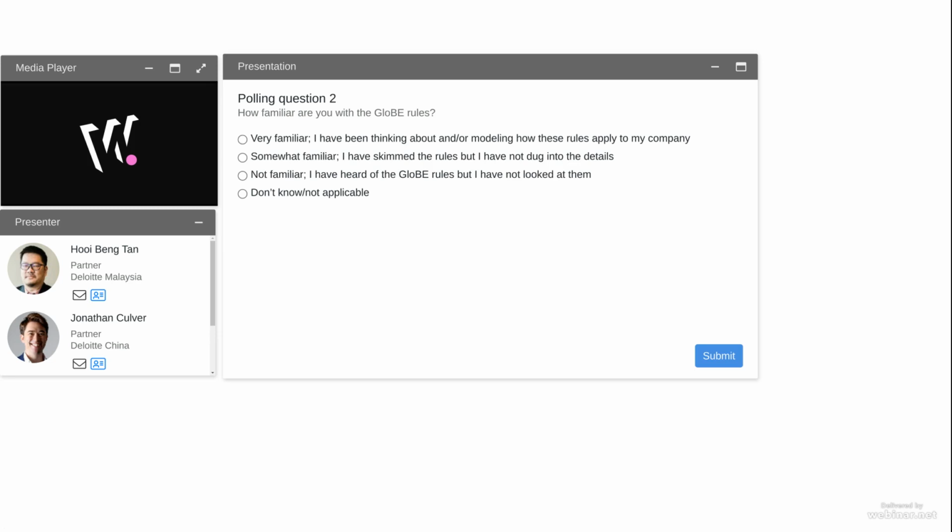If jurisdictions were to look at implementing CFC rules, they'd have to take a very close look at the GloBE rules themselves and consider the spirit of the CFC rules. So I'm not sure we'll necessarily see a proliferation of CFC rules, but certainly a QDMTT is very likely.